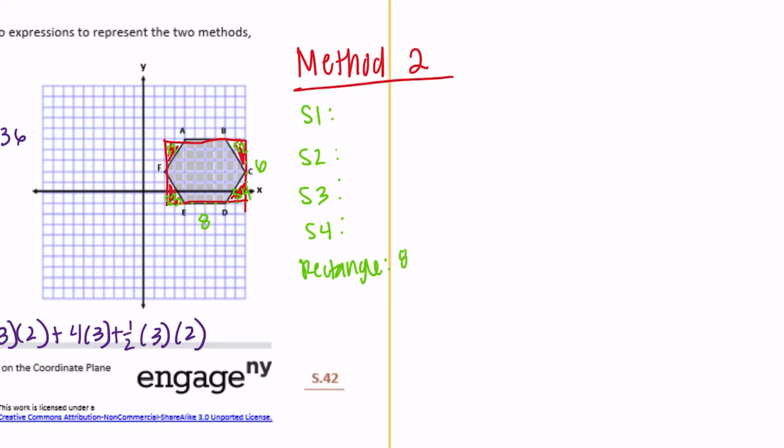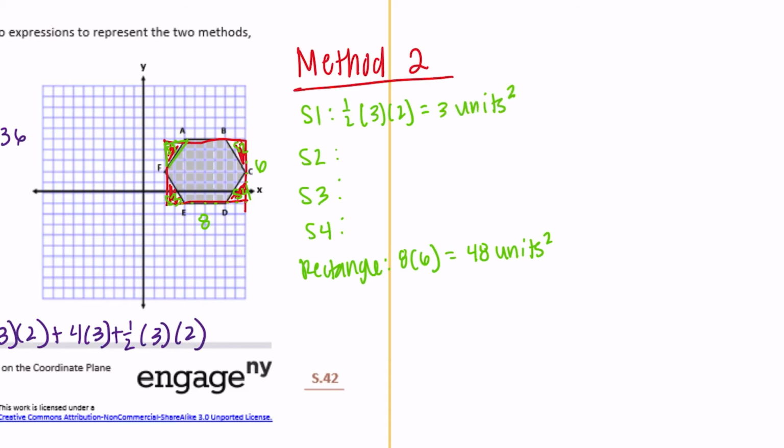So the rectangle is 48 units squared. Let's see, shape 1 is this one up here. It's 3 by 2. So half 3 by 2, because it's a right triangle, would be 3 units squared.